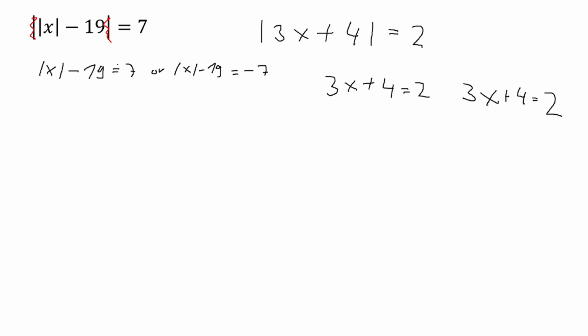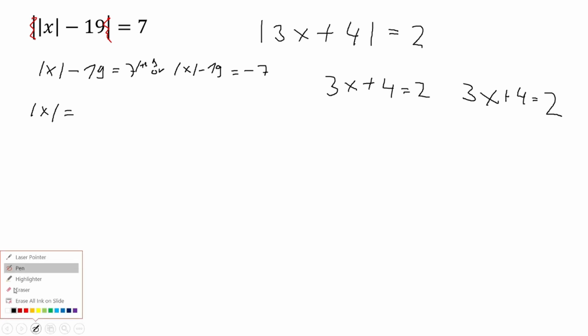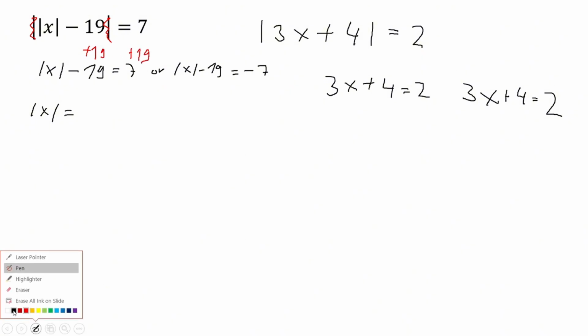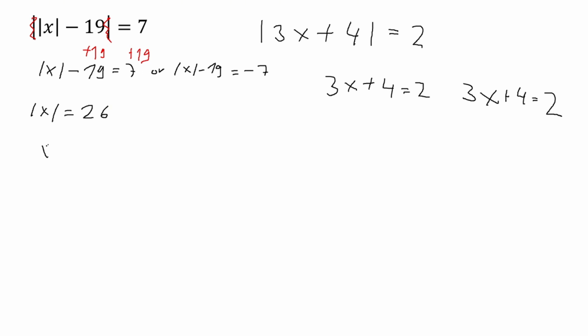And then you go and just solve these as you normally would. So this over here, the absolute value of x, you add 19 to both sides, plus 19, plus 19. That would be equal to 26. But as we know, the absolute value needs to be equal to the positive and to the negative.